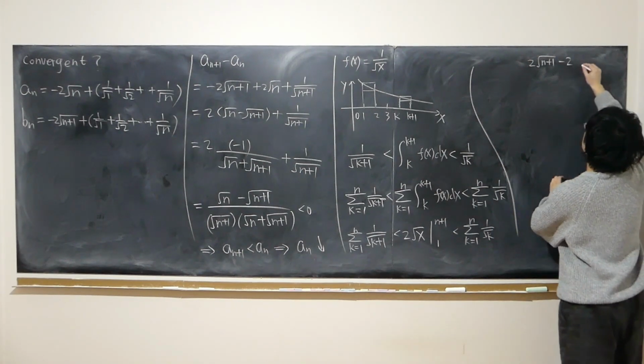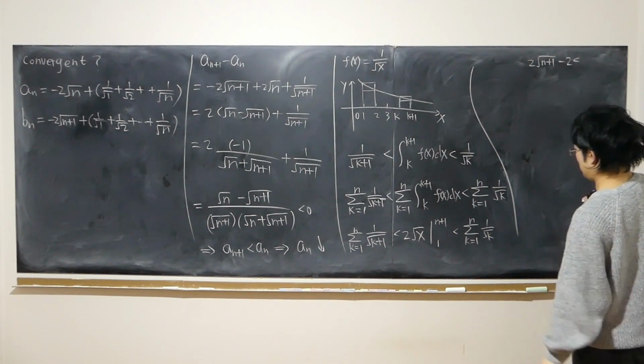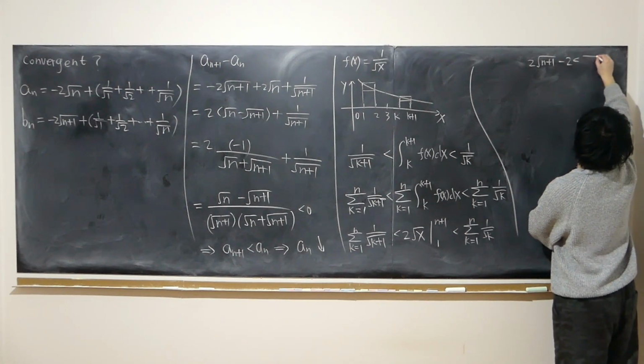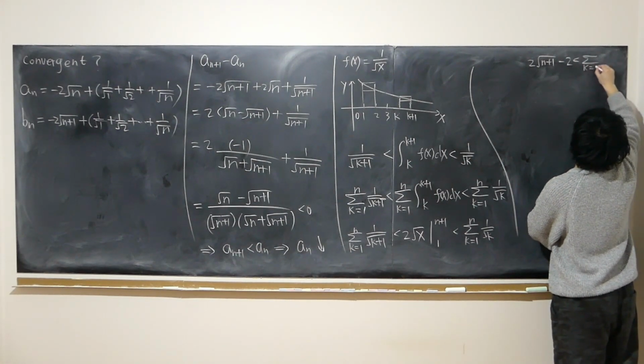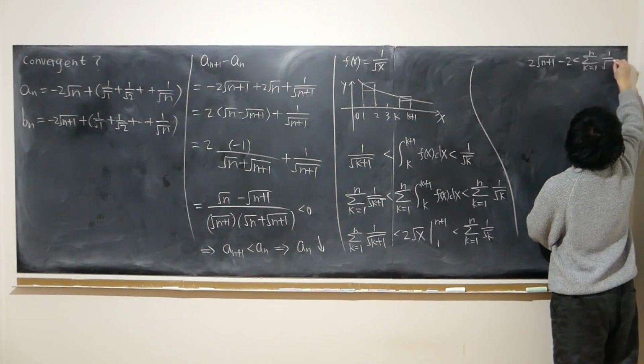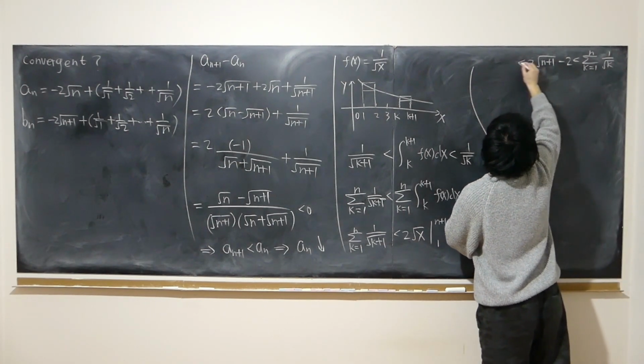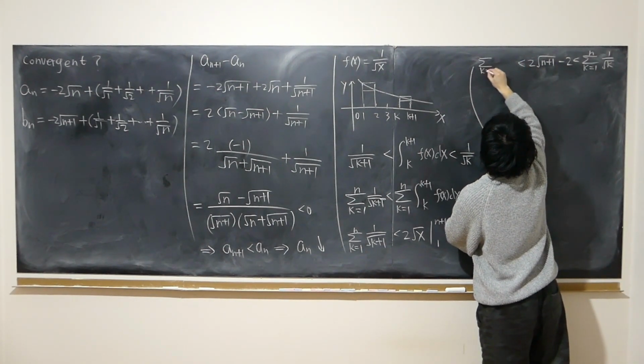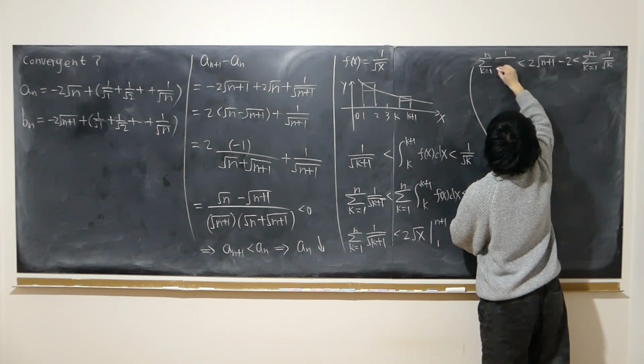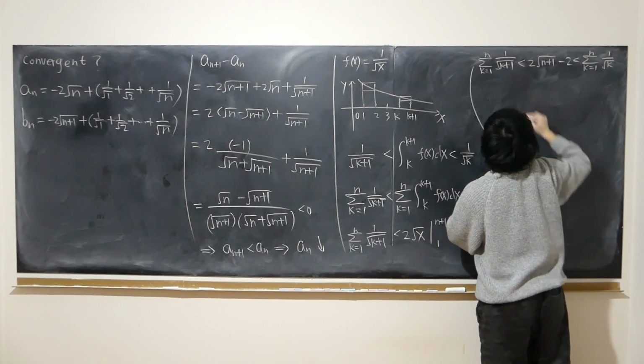Yes, that is less than sigma from 1 to n of 1 over square root of k. It's bigger than the sum from 1 to n of 1 over square root of k plus 1.